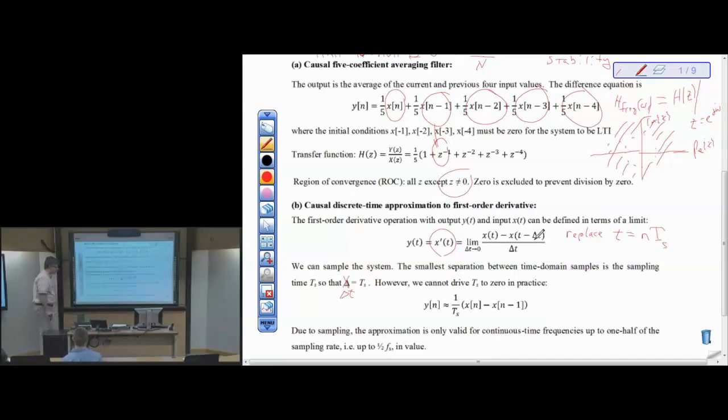And so delta t plays the role of the sampling time. So this becomes a very simple input-output relationship, very easy to compute, and it is implementing the first-order derivative.